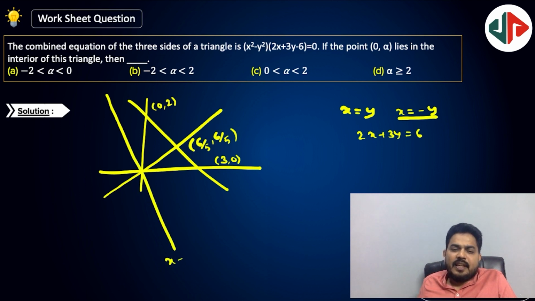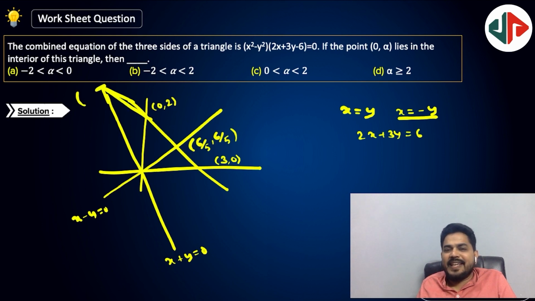This is x plus y equal to 0, this is x minus y equal to 0. Where these two intersect, this point, x plus y, so 2x plus 2y equal to 0. So y is equal to minus 6, (minus 6, 6).